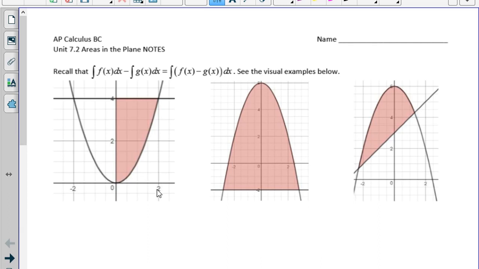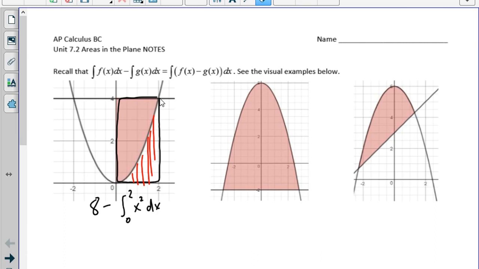So if we're trying to find the area from x is 0 to 2, what we used to be able to do is we could find the area of this rectangle, which was 8, and then subtract the area under the curve, which was the integral from 0 to 2 of x squared dx. We could do that and we would end up with the answer.